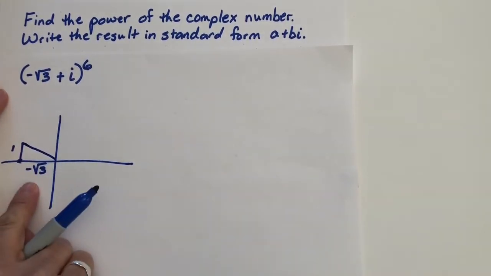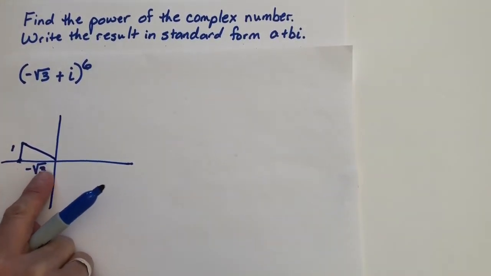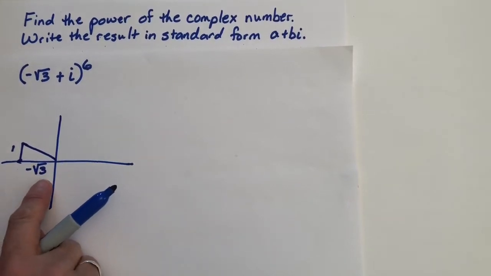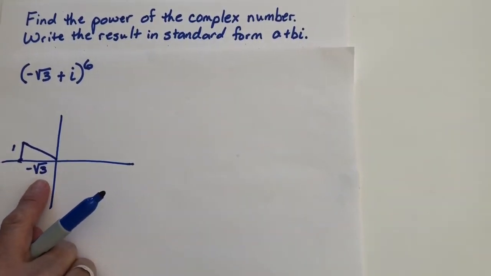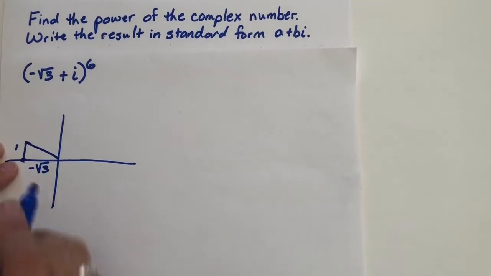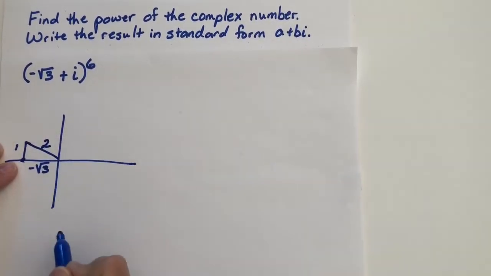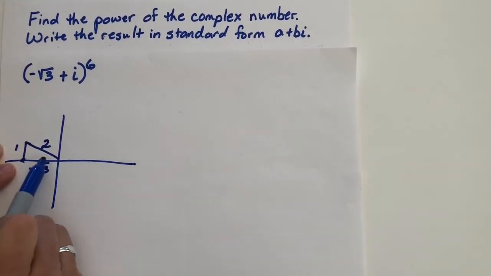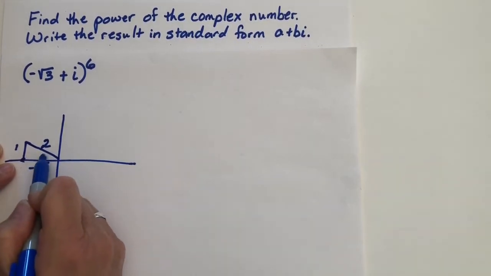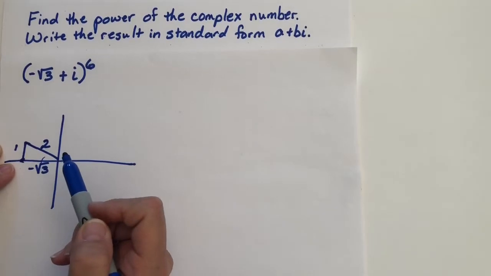And hopefully you recognize that triangle there. We have a 30-60 right triangle. So this magnitude right here would be 2. And this is a 30-degree angle or a pi/6 angle. Let's work in radians this time.